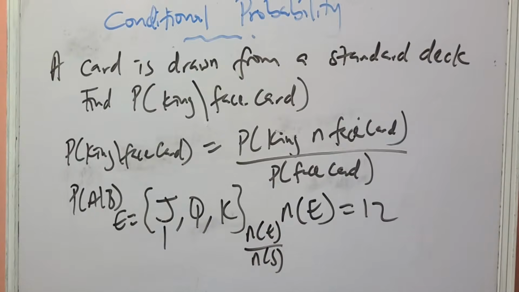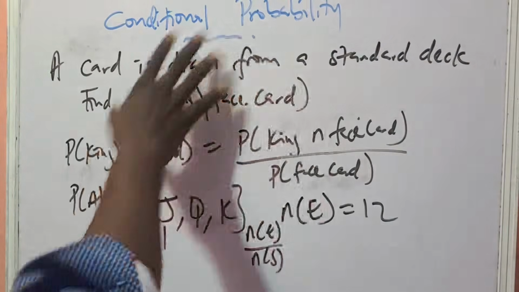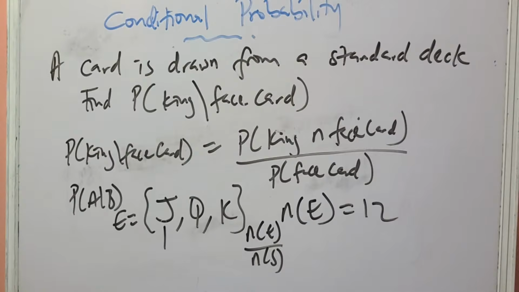Now, in the case where you are dealing with conditional probability, the denominator will not be n of S. That's what I want to point out here, because now you're dealing with conditions. So you are reducing, you are constraining your whole experiment now to the experiment that involves just this scenario, not the whole setting of the whole deck of cards. So you don't deal with the sample space as the denominator.